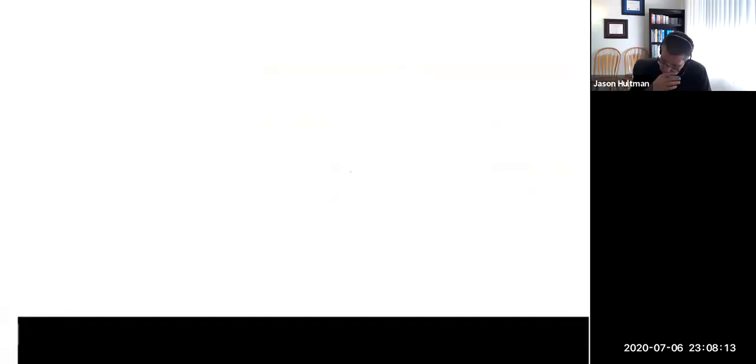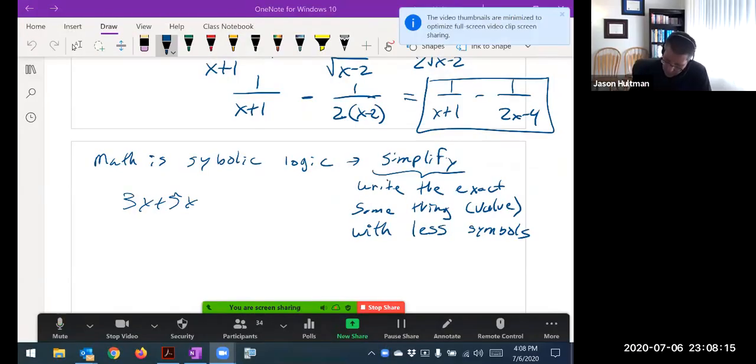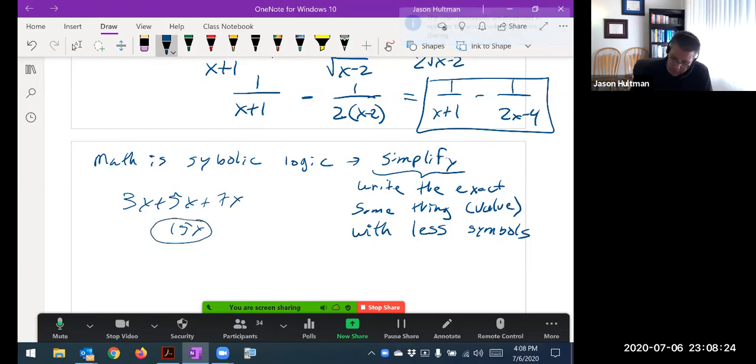Let's go back to my screen sharing. Okay, so 3x plus 5x plus 7x is 15x, right? This guy here, 15x, how many symbols does that have? 1, 2, 3 symbols. How many symbols does this guy have up here? 1, 2, 3, 4, 5, 6, 7, 8 symbols.